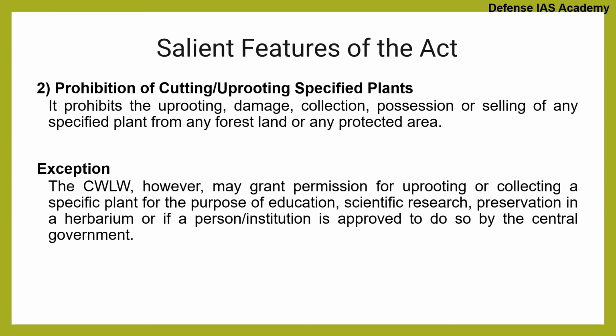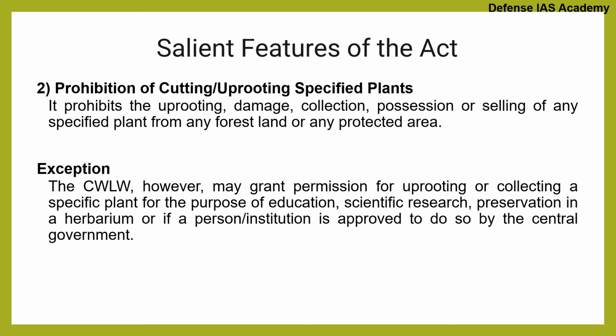So what is the exception in this particular case? The chief wildlife warden can give permission for uprooting or collecting a specific plant for the purpose of education, scientific research or preservation in a herbarium, or if a person or an institution is approved to do so by the central government.